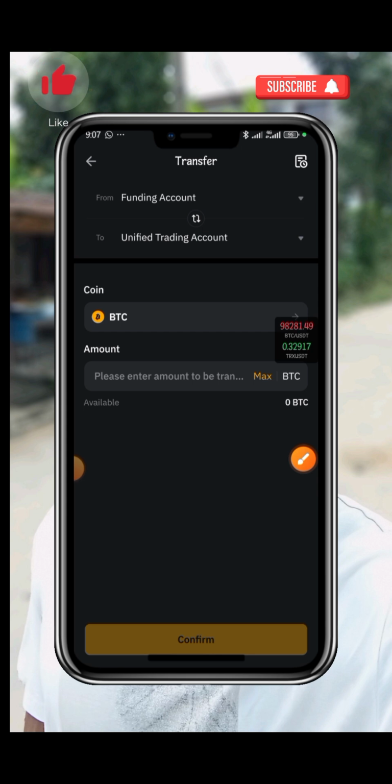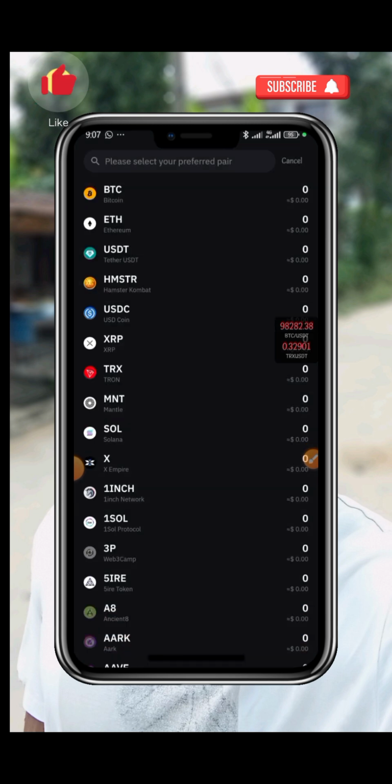So when you transfer from your funding to your unified account, we preferably use USDT, because that one alone has so many pairs attached to it. In fact, most of our trades come under USDT. So you change this Bitcoin here, you can search for USDT using the search bar.